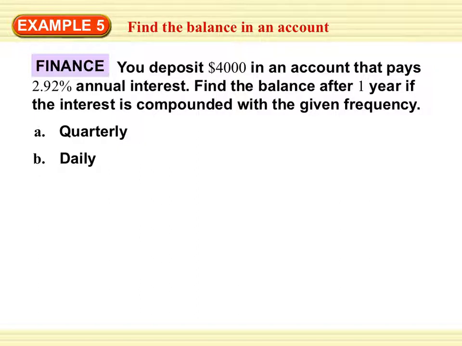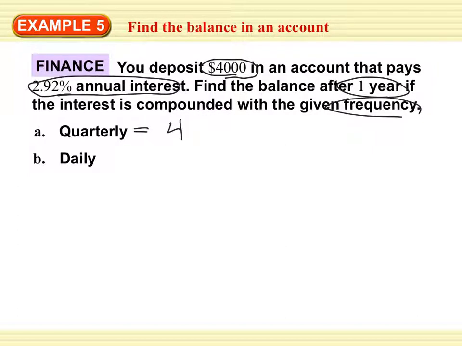You deposit $4,000 in an account that pays 2.92% annual interest. Find the balance after 1 year if the interest is compounded with a given frequency. So this is my initial amount, 2.92% annual interest. Quarterly means I'm compounding 4 times a year. Daily means I'm compounding 365 times a year.